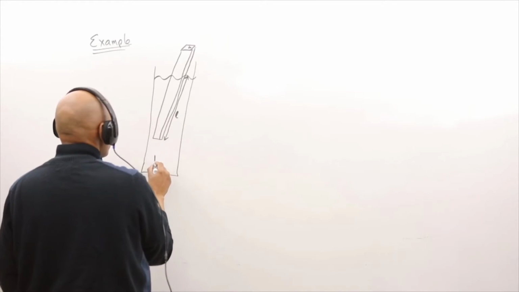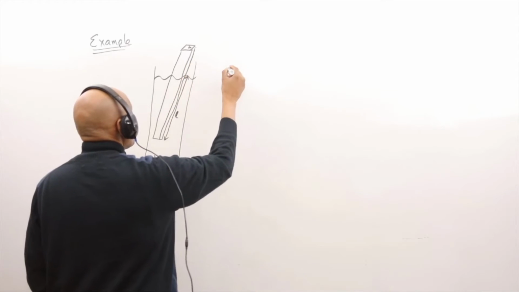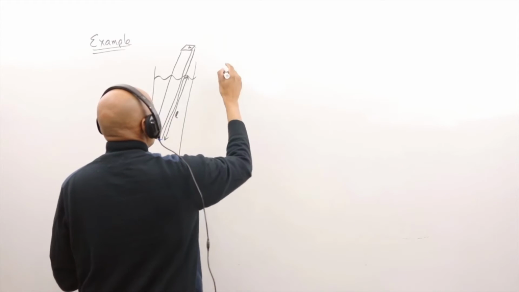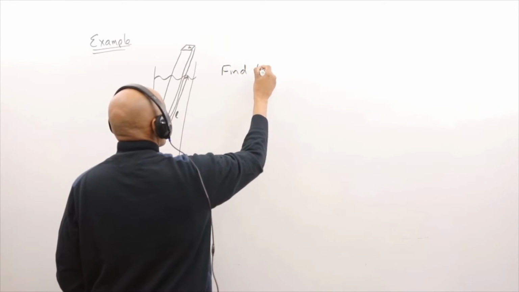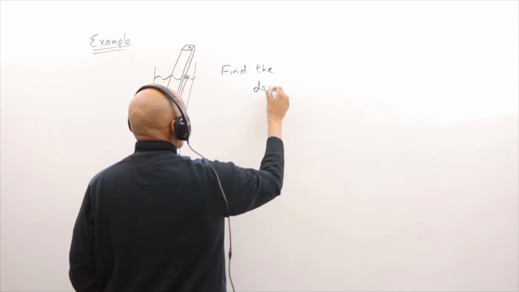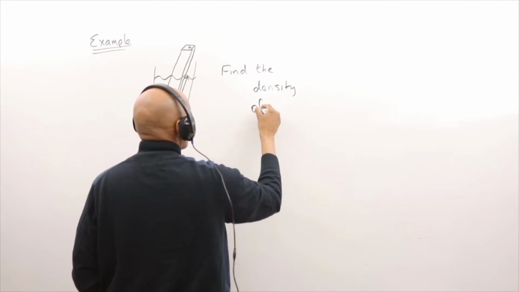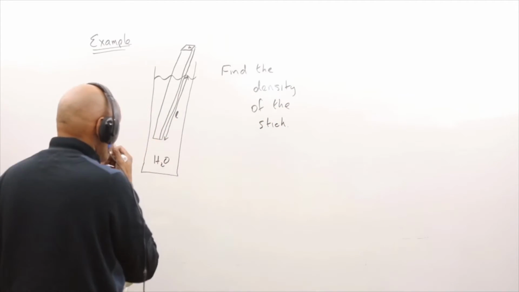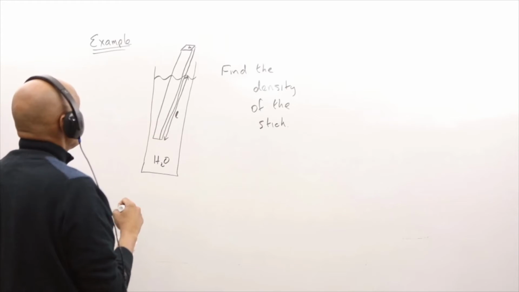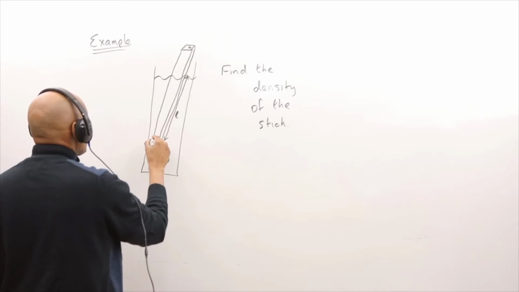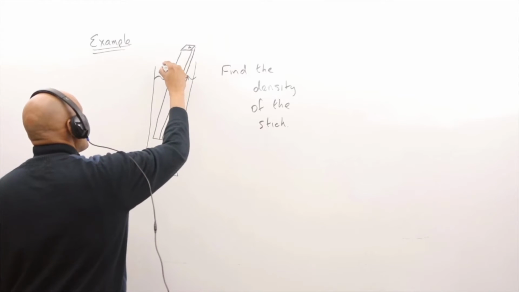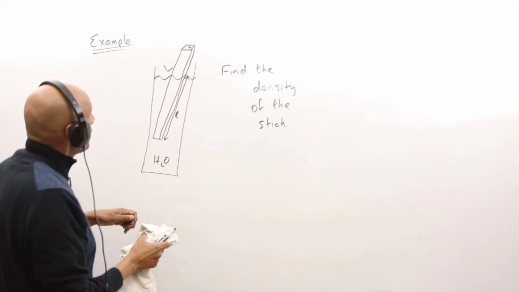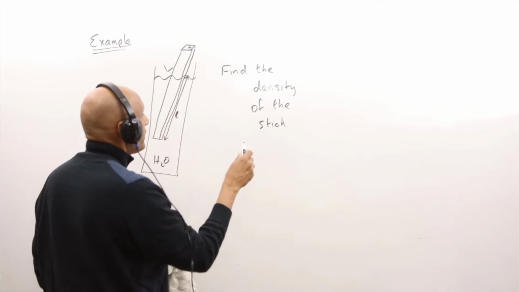This is water, so H2O. And we're asked to find the density of the stick. I'll also assume that the full length of the stick is L. So we know the full length, we know the l that's below the water, and so our problem is to find the density of the stick.